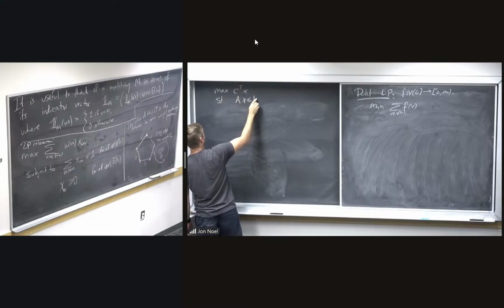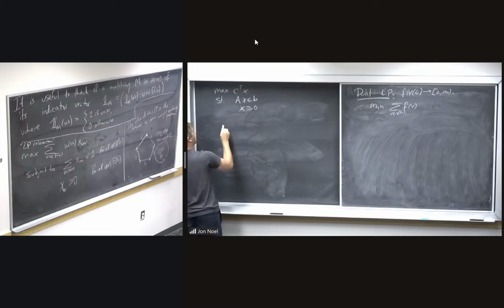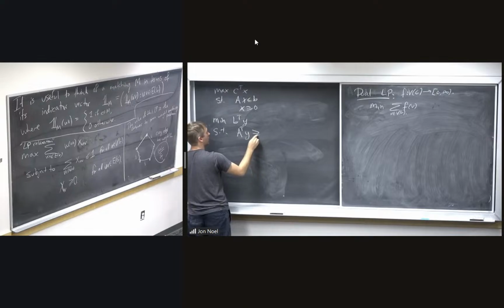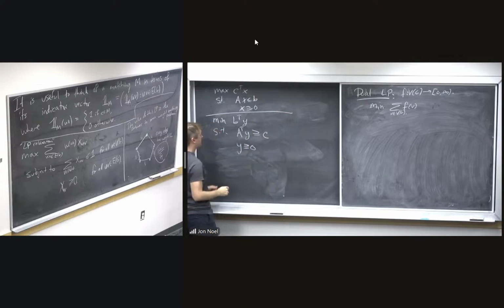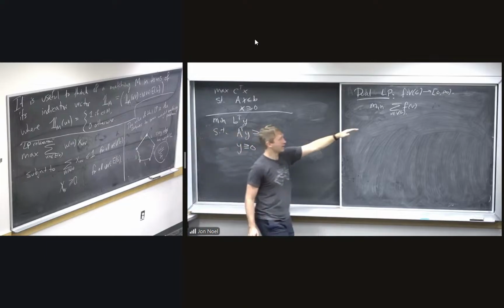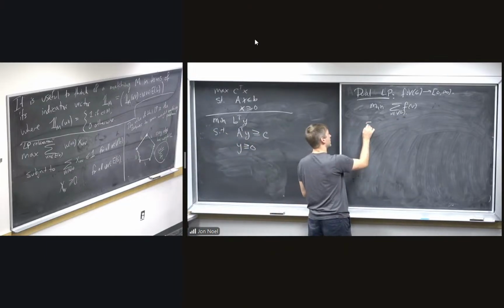If you've already memorized this by now, then you don't need to write it again. But in case it helps, if that's my primal LP, that's the dual. In my primal LP over there, the b vector was just ones. And so now my objective function is just the all ones vector times my variables. So that's this.